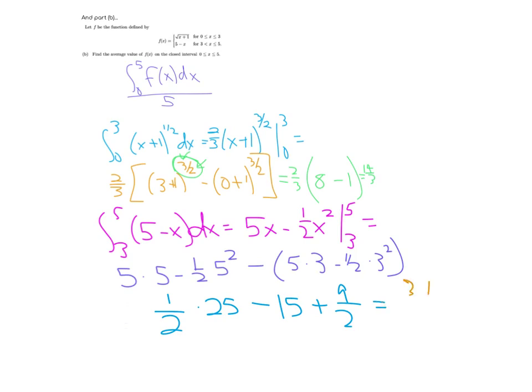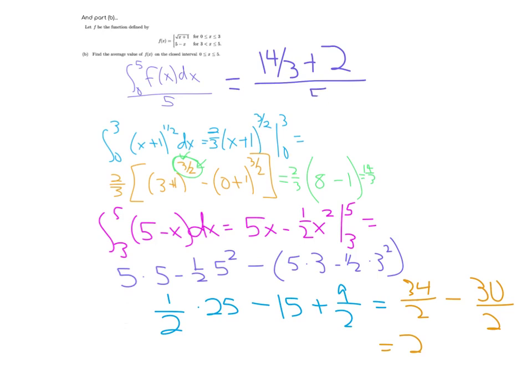So that's 34 halves minus 15, which is 30 halves, so that's 4 halves, which is 2. So going back up top, my answer is going to be 14 thirds plus 2, all over 5. I could simplify that in algebra or arithmetic, but I don't need to because that's a numeric answer, so I can stop there if I wish.